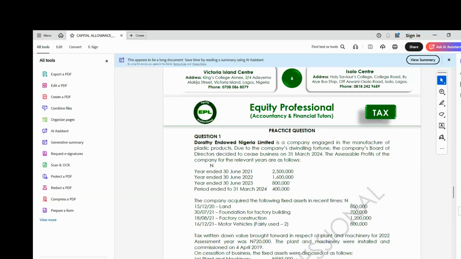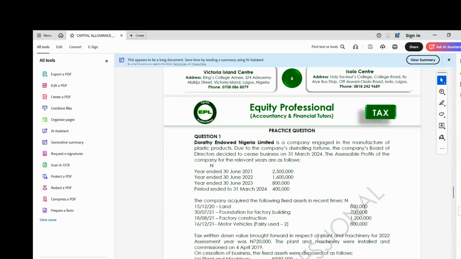Then date of cessation. From the question, we are told that the company ceased operation on 31st March 2024. Date of cessation is 31/3/2024. So I need these two pieces of information first. From this information now, this is working 3.